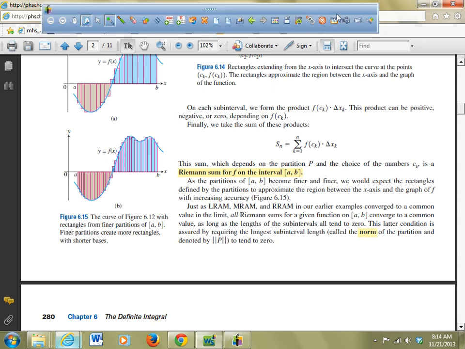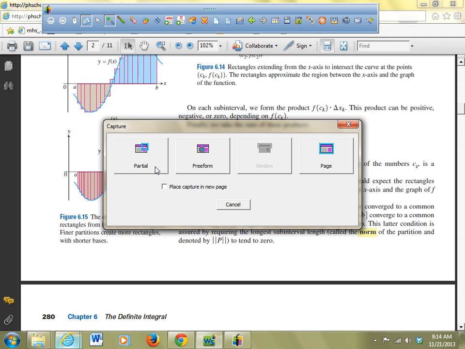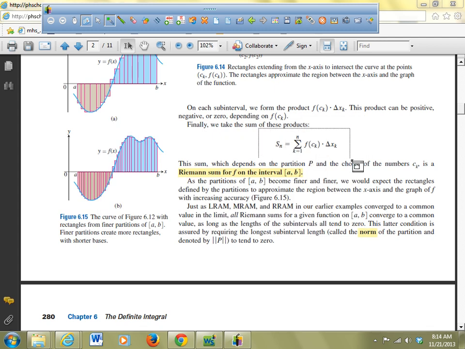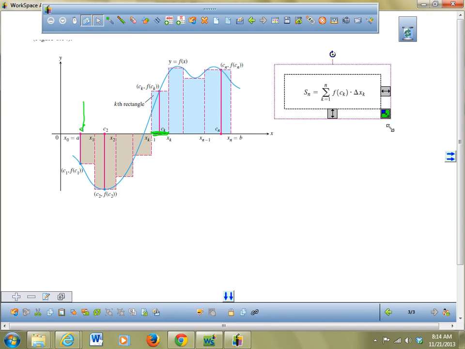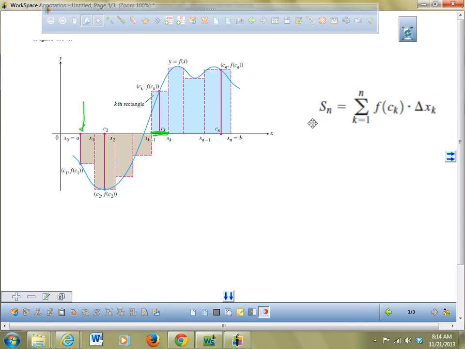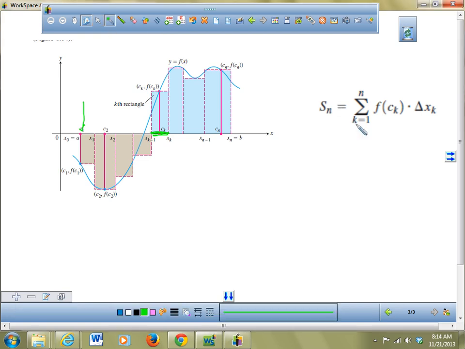So a Riemann sum is given by this formula right here. And this is a sum. This is not the integral yet. So S sub n means sum. You know the sigma symbol? What does that sigma symbol mean? It means add them all up. So this means add up all the rectangles from k equals 1, from the very first rectangle to the very last rectangle.